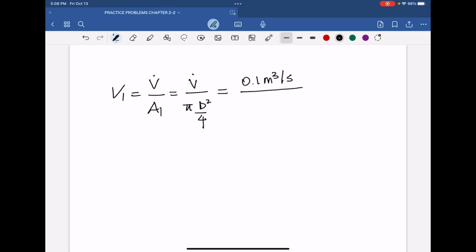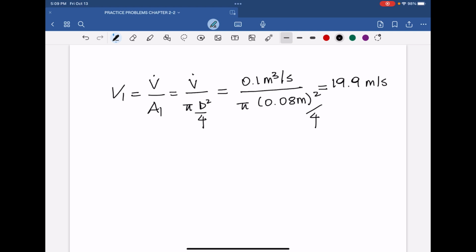They give it to us in the problem. And of course, they give the diameters in centimeters, but we need to convert them to meters. So pi times 0.08 meter squared over 4. Okay, so this should give you the first velocity to be 19.9 meter per second.